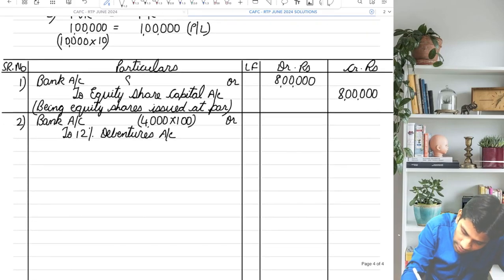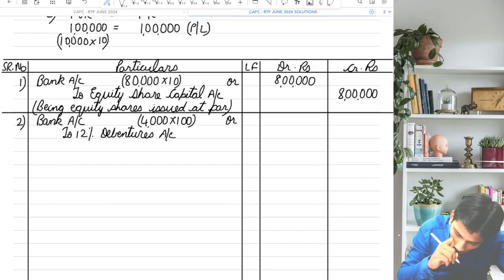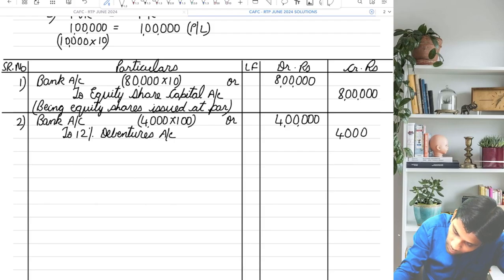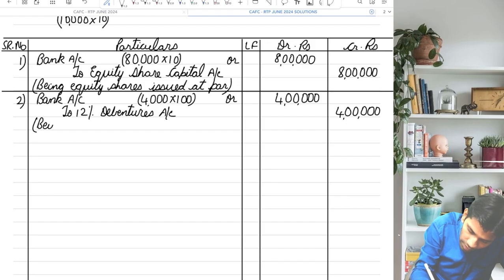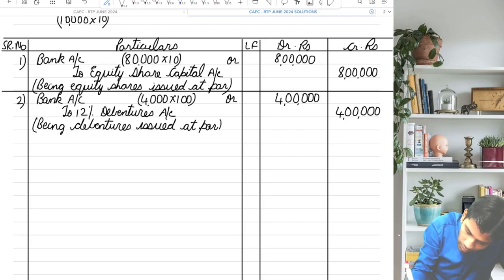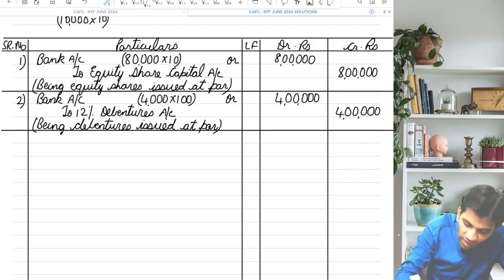I'll write here also 80,000 into 10. This comes to 4 lakh. Being debentures issued at par. Okay. So fresh issue done.